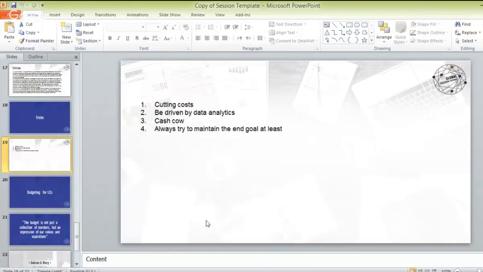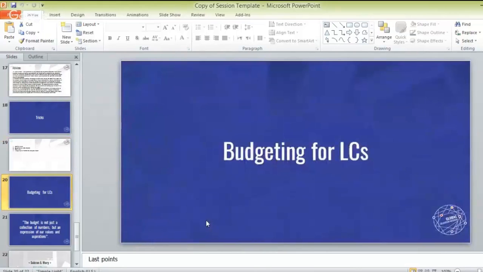Budgeting for LCs. An LC goes with one of two approaches.